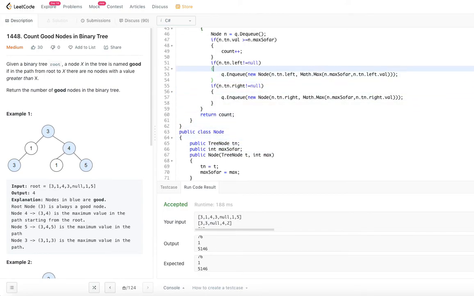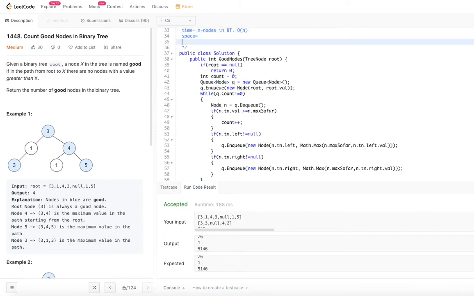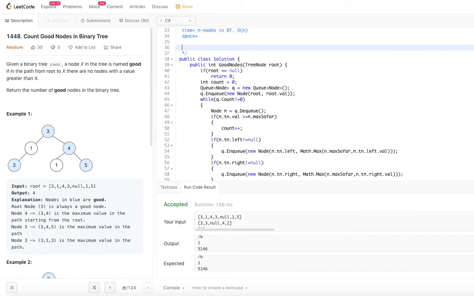So how many such nodes are being stored in a given queue, right? That will be at the max equal to the maximum number of nodes in a given level, right? So there is something called level in the binary tree, right? So the number of nodes in a given level, if the levels start from 0, right?